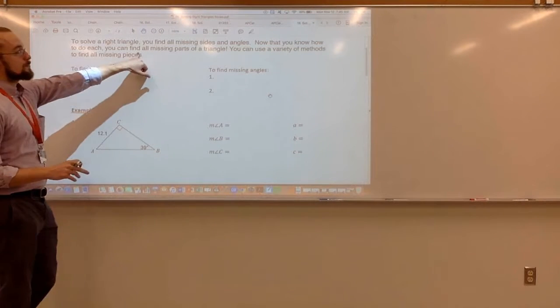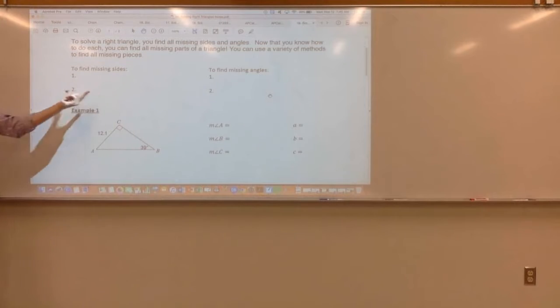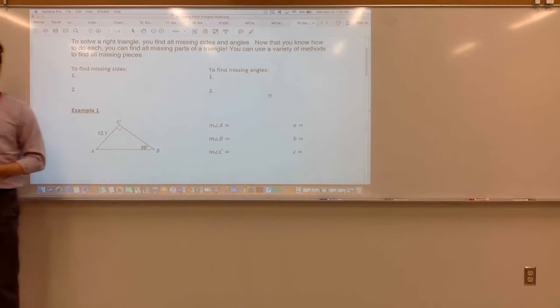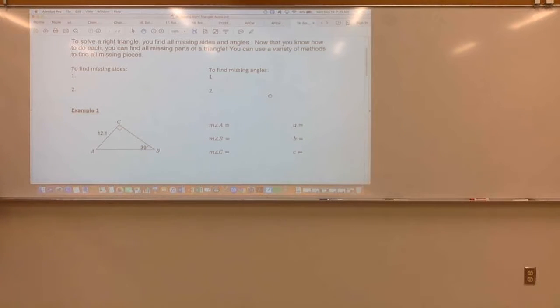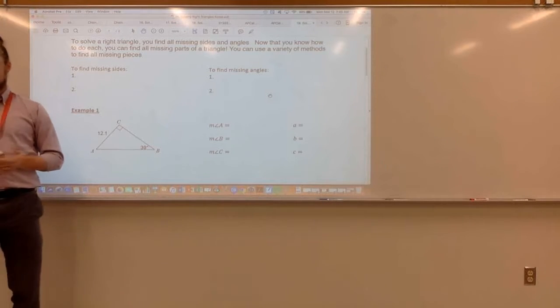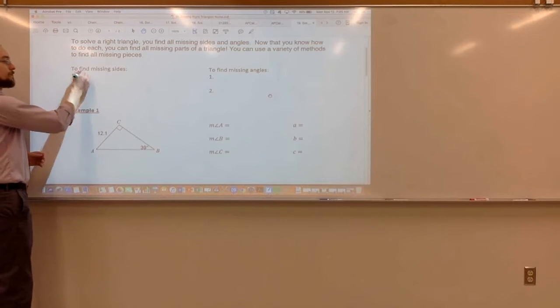You do. Alright, so we've talked about two different ways to find missing sides in a right triangle. What's one of them? How can I find a missing side in a right triangle? We've talked about two ways to do that. What's one of them? Pythagorean theorem. We can do Pythagorean theorem.